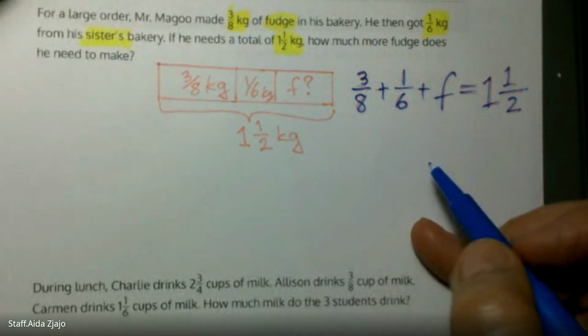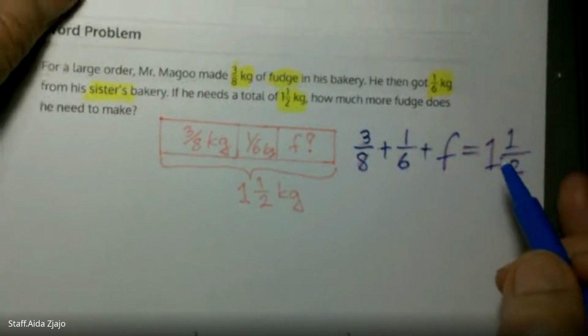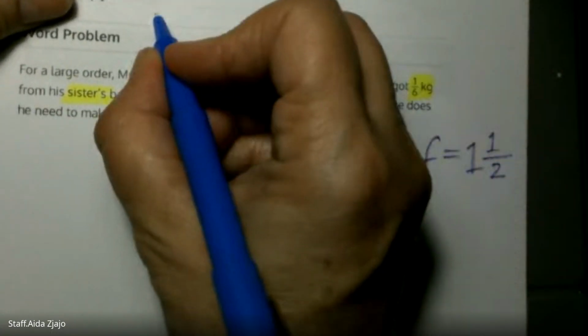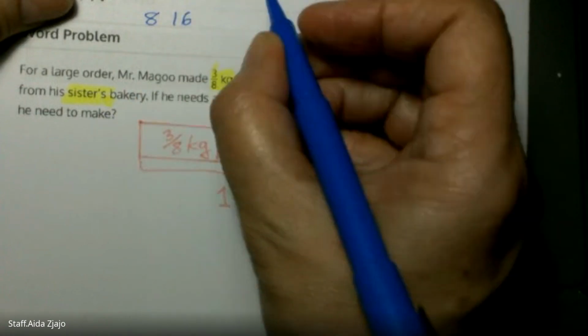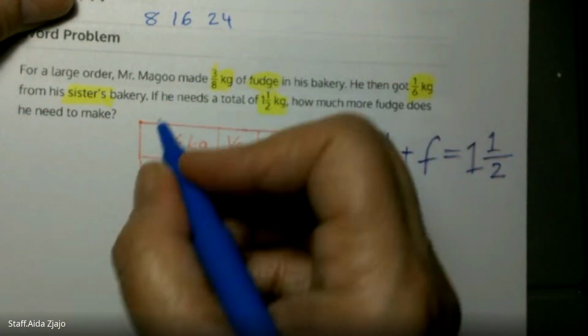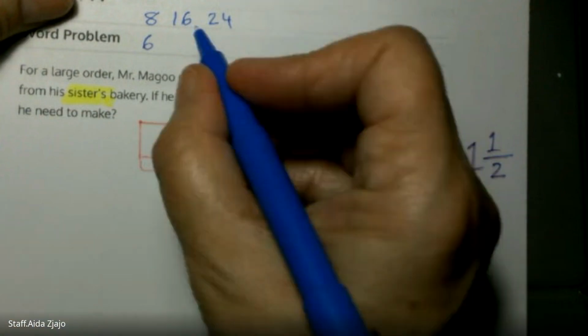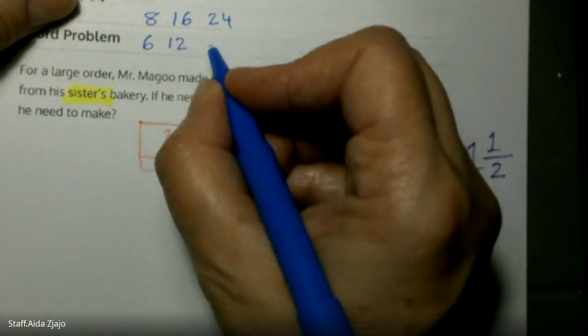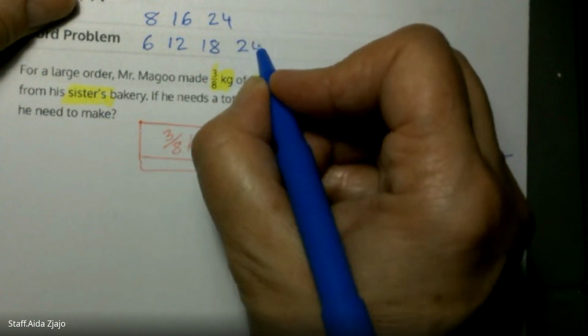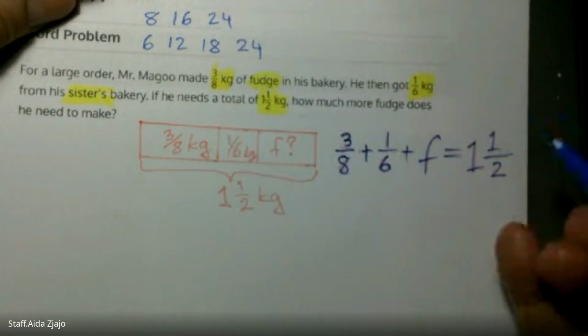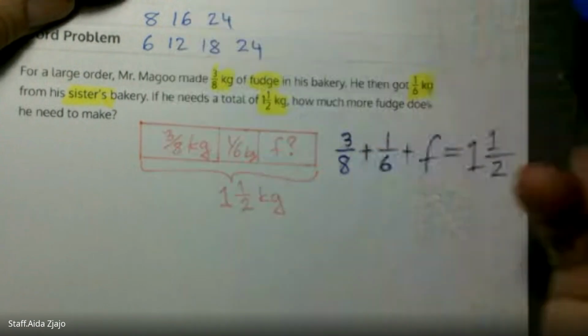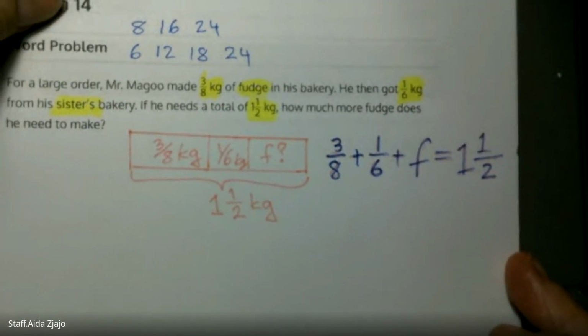If we skip count by 8, we can say 8, 16, 24, and if we skip count by 6, 12, 18, 24. And for the half, 2 times 12 is 24.